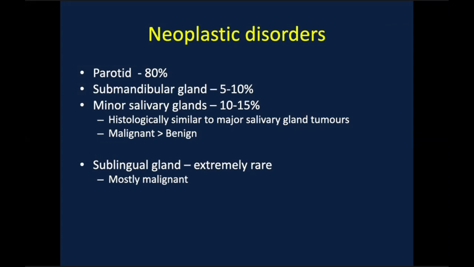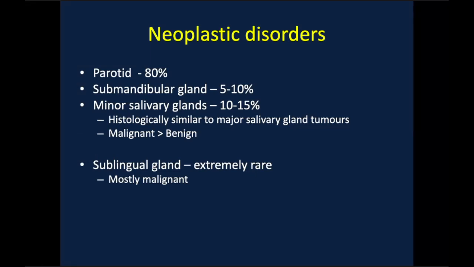Now, there is hardly any difference between the histology of major and minor gland tumors. You have benign and malignant ones in the major glands, and you have benign and malignant ones in the minor glands also. And if you look at their histological types, they are also the same. But the only difference is that the majority of minor salivary gland tumors are malignant, whereas in the major salivary glands, it's mostly benign.